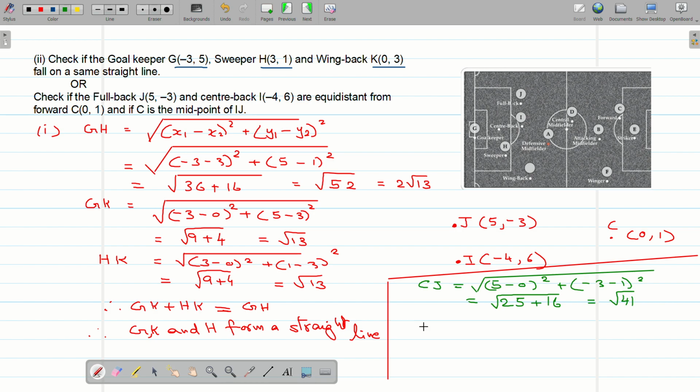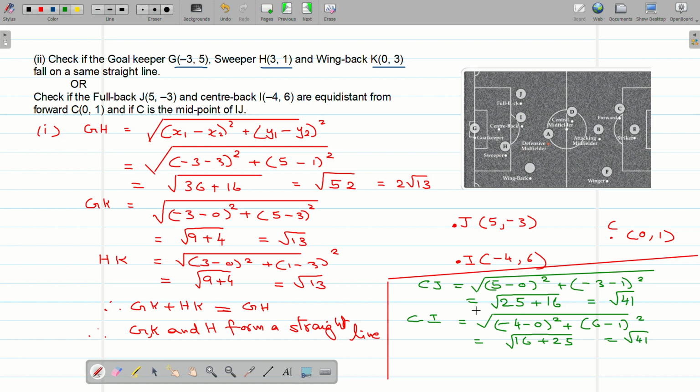Now CI is equal to square root of minus 4 minus 0 the whole square plus 6 minus 1 the whole square, 16 plus 25, square root of 41.